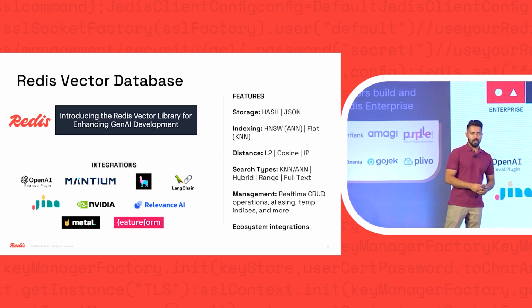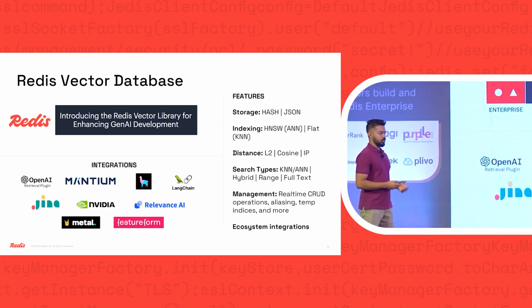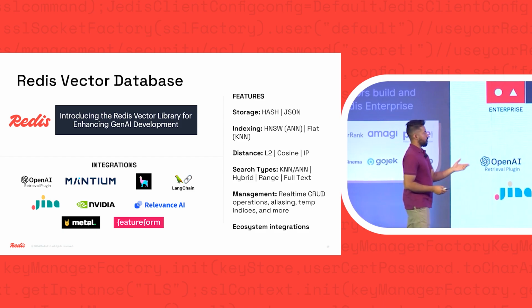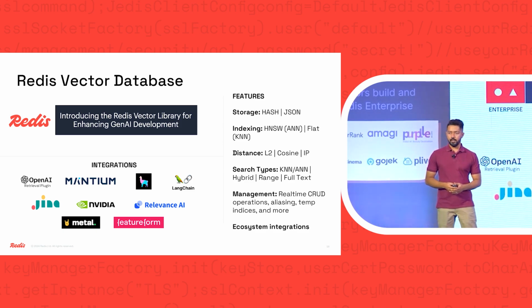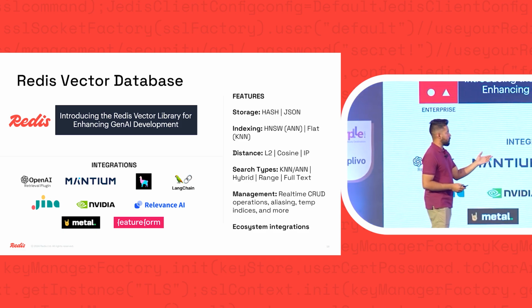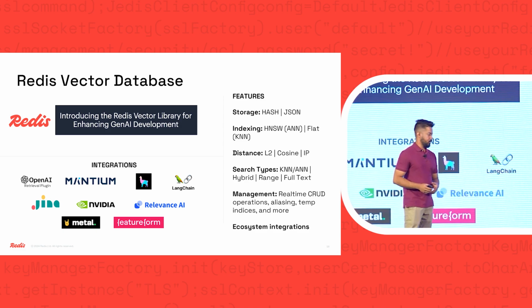Formally, this is our vector database. So these are the features that are offered currently by our vector database. We offer storage format of hash and JSON. For people who are familiar with Redis, you would know that hash is very similar to a row in a table, right?